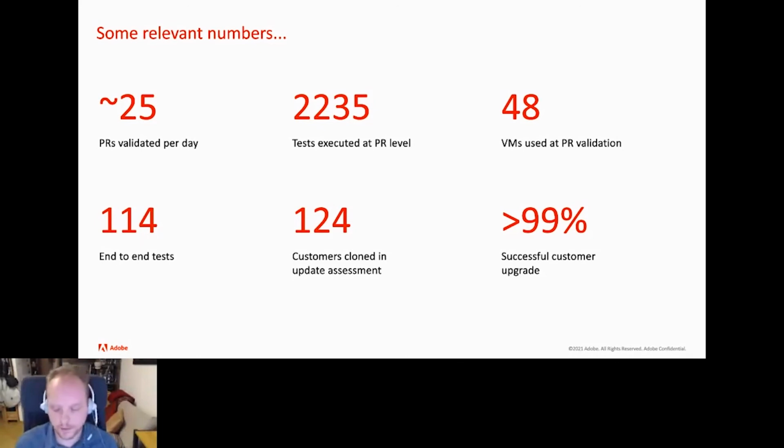But what I am very proud of is the fact that with all this machinery, we managed to achieve over 99% of successful customer upgrades. So we really managed to deliver high quality with very little impact on the customer experience in the end.